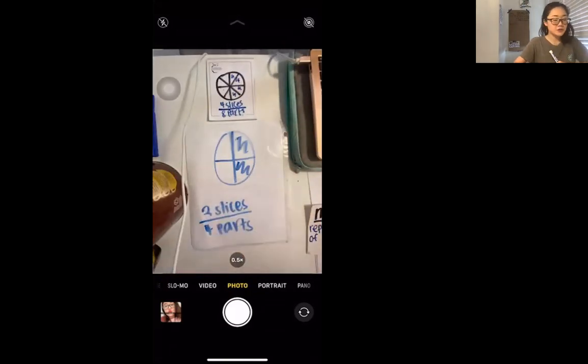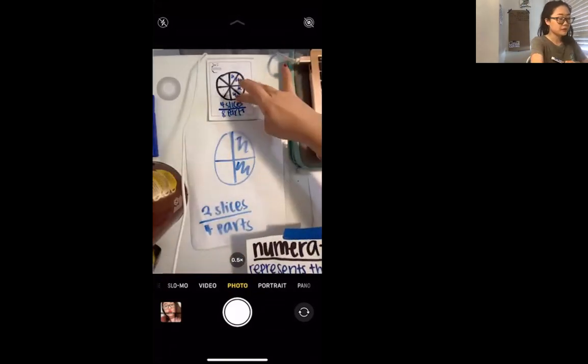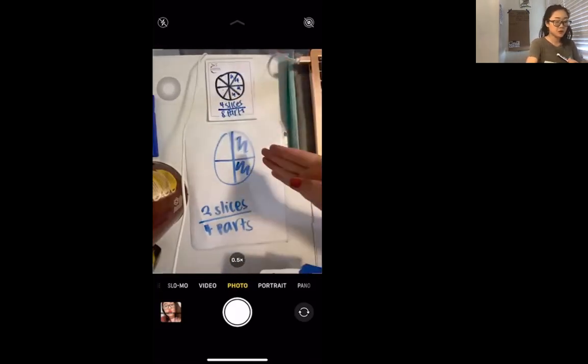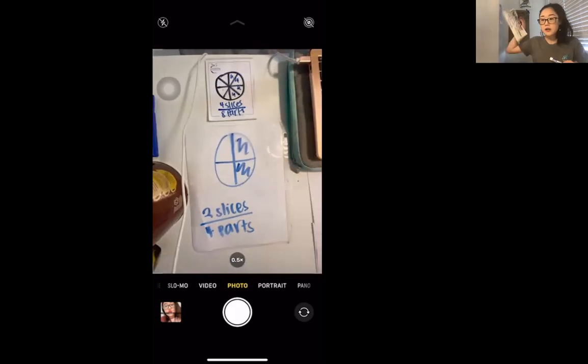So our fraction would be 4/8 for the 8-piece pizza and 2/4 for the 4-piece pizza. All right, and I'm going to put this numerator on top of the denominator flashcard so we remember that the numerator is always on top and the denominator is always on the bottom.